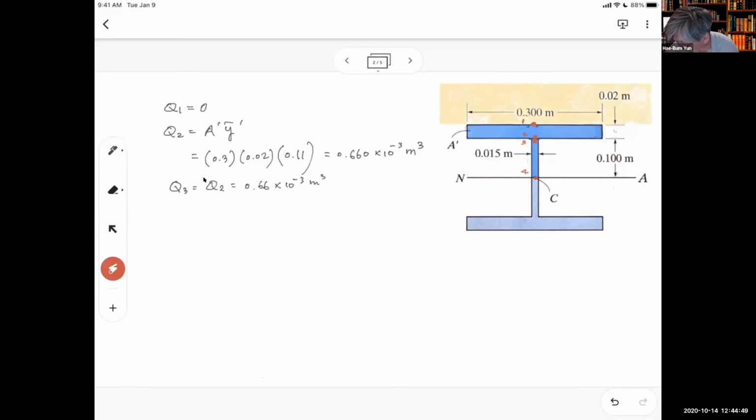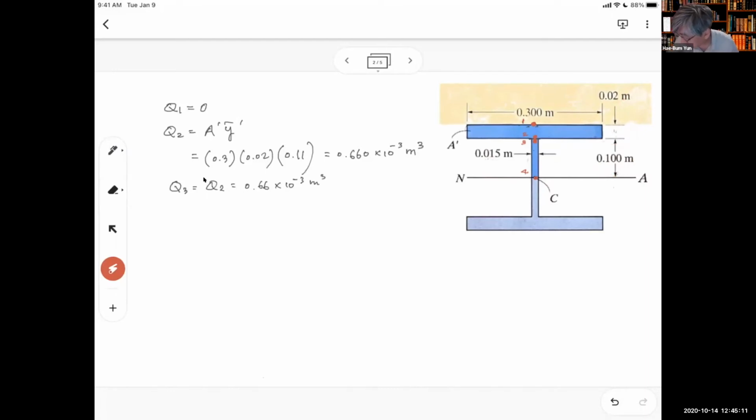Y bar prime is the center of the flange. So then we have 0.1 meter at the bottom of the flange plus the center, which is half of this. George, does it make sense? Okay, good.